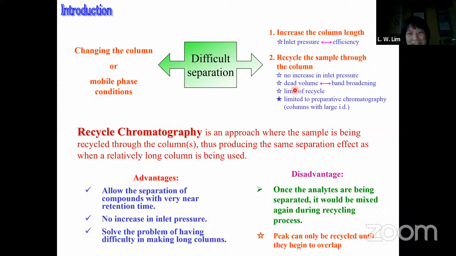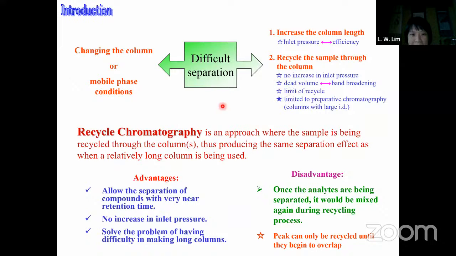Another thing is what we say here is recycle. We recycle the sample through the column. Yeah? So if you imagine after one-time separation, when there's no separation, we recycle and give them back inside the injector, inside the column and separate again. This is what we call the recycle LC.